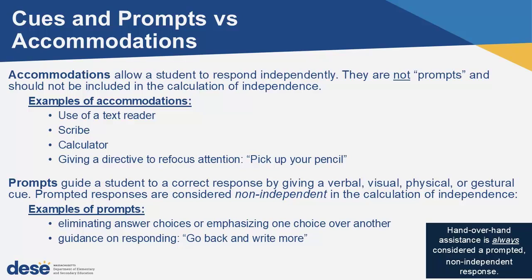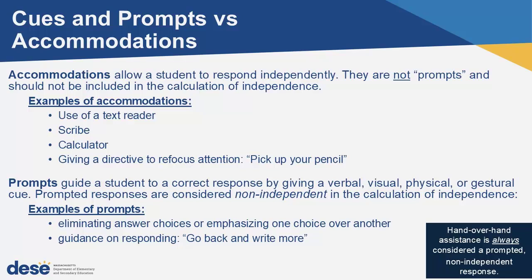Using a calculator, or cueing them, say, pick up your pencil or show me you're ready, that is not a prompt. And you need to explain this to everybody who's working with this student. You need to be very clear on the difference between a prompt and an accommodation. In a prompt, you are getting the student closer to the answer. An accommodation is just leveling the playing field and allowing them to have access to the content.